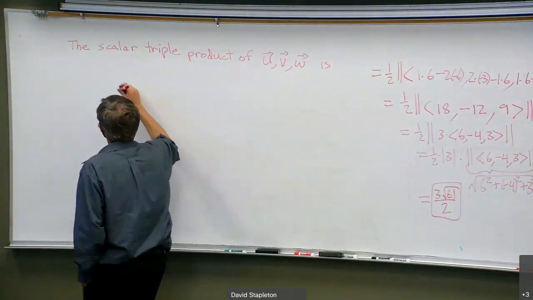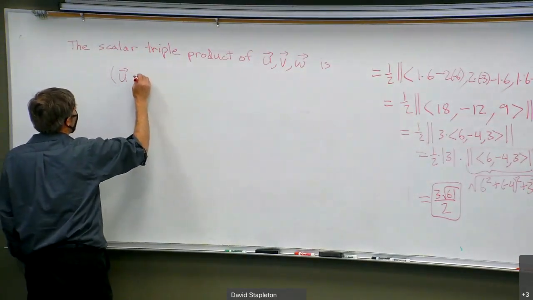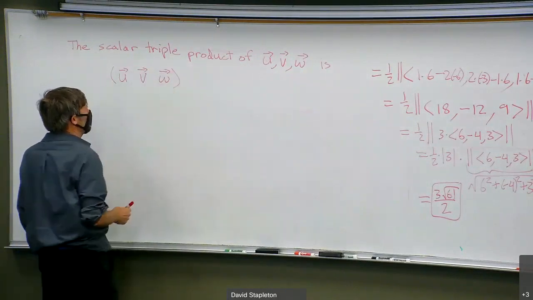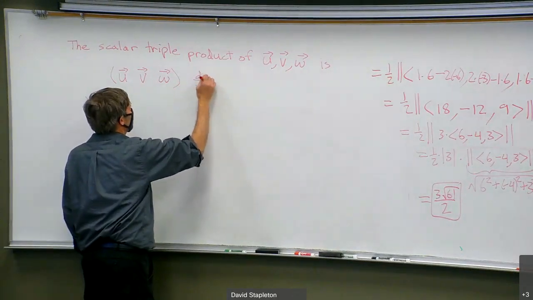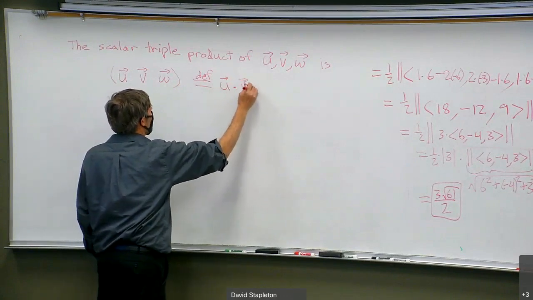There's different notation. Some books put this vertically, or some put commas between it, I think. I'll just put U, V, W like this. And if you put that notation, it means U dot V cross W.